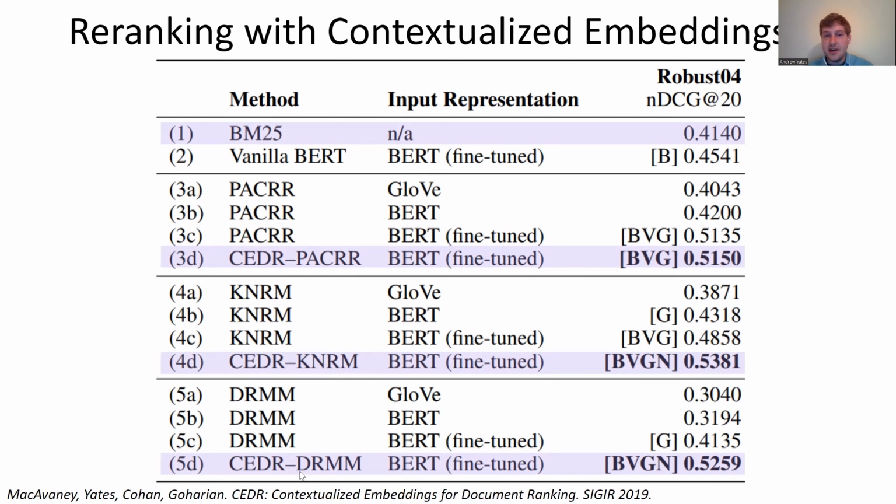DRMM is using just histograms constructed kind of as a pre-processing or input step. Histogram construction is, of course, not differentiable unless you're doing something like the kernel pooling approach of KNRM to create something like a soft histogram approximation. So we see that with all these pre-BERT methods, however, there's a pretty big improvement over this BM25 unsupervised method. And as you'll recall from earlier, BM25 is really one of the state-of-the-art unsupervised methods.